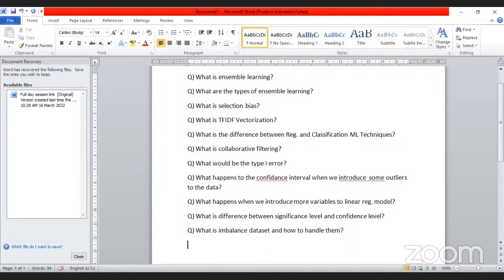And if you know what an imbalanced data set is, how to handle them? Okay.